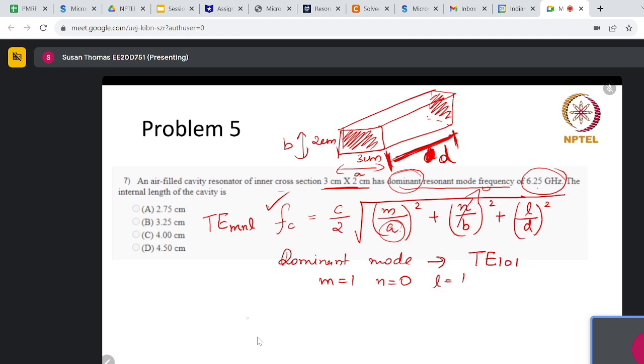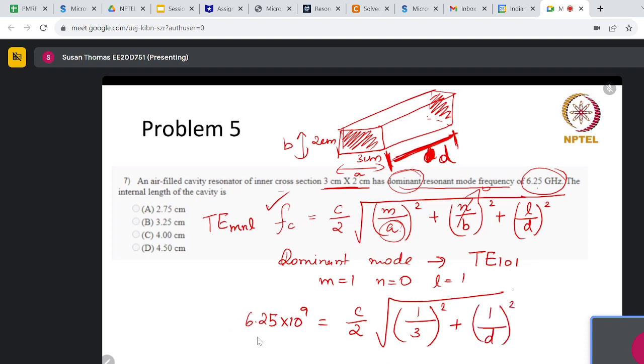Can you try? 6.25 gigahertz equals c by 2 into square root of 1 by 3 square plus 1 by d square. You need to find what d is. Please have a look at the answers. All answers are in centimeters, so it's always convenient to substitute in centimeters.